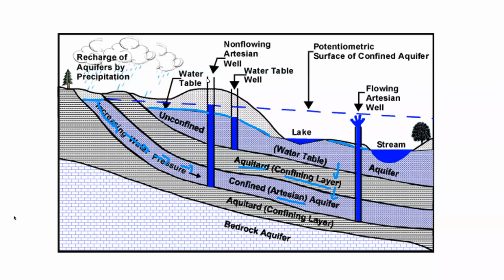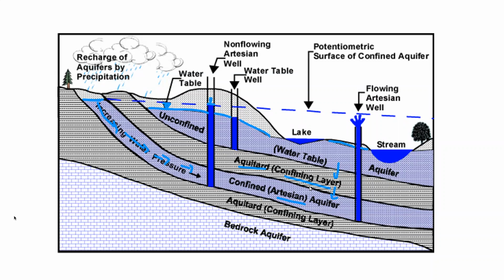And so when we drill wells into these artesian aquifers or into these confined aquifers, what we see is that, for example, in this one, when we compare it to where the water table is, designated by this upside down arrow, we put a well in here, we actually see that the water level in this well that drills into the confining unit is exerting that higher pressure, and you see a higher water level in that confined system compared to the unconfined.